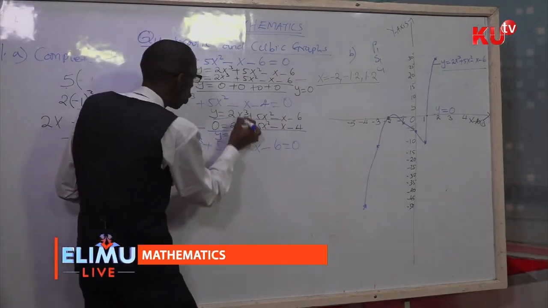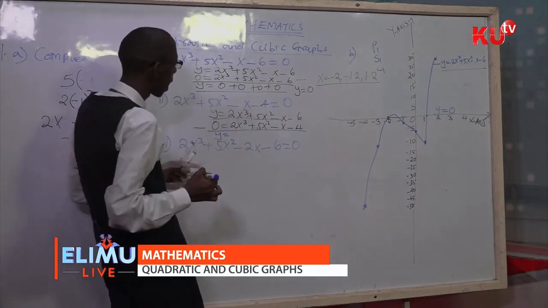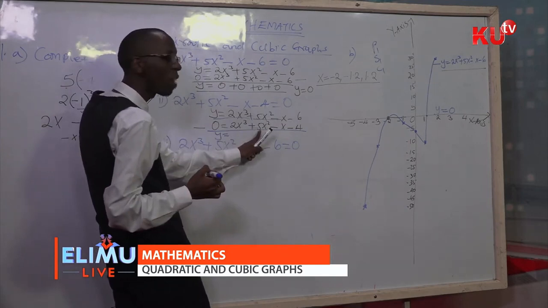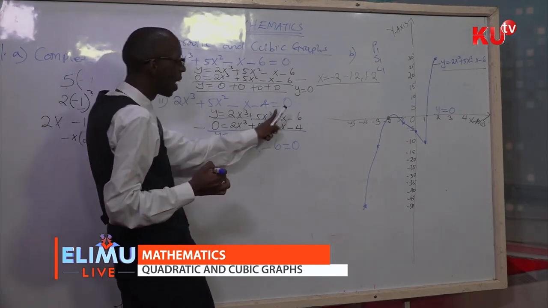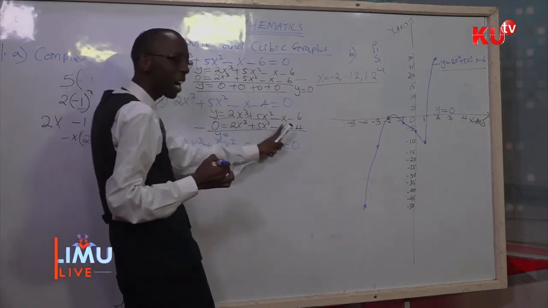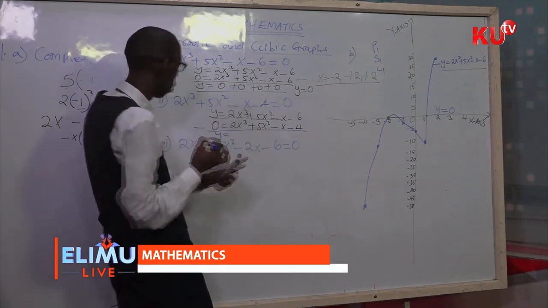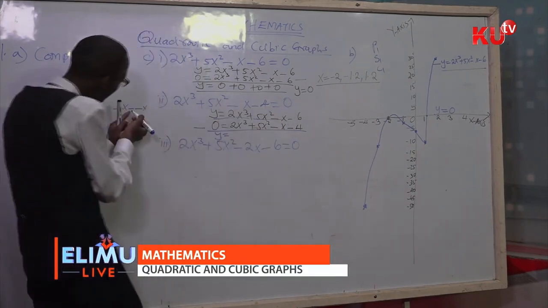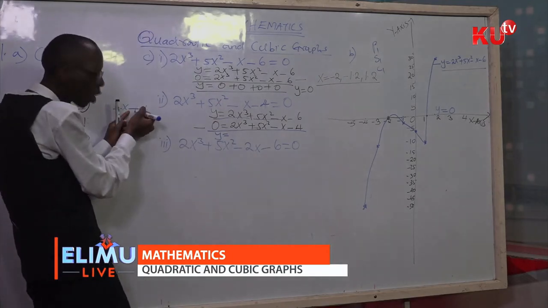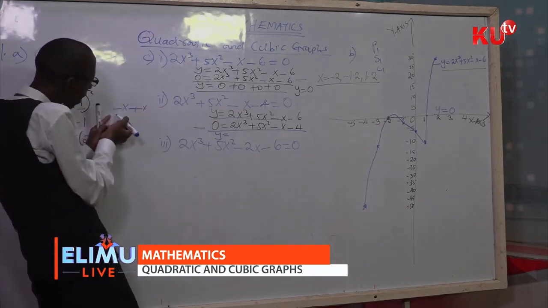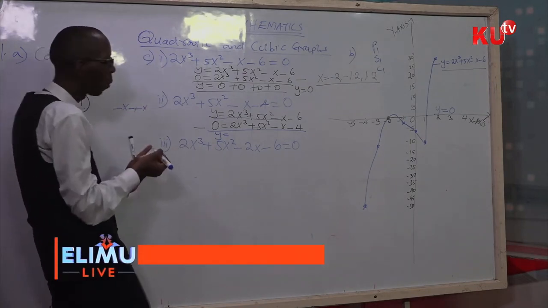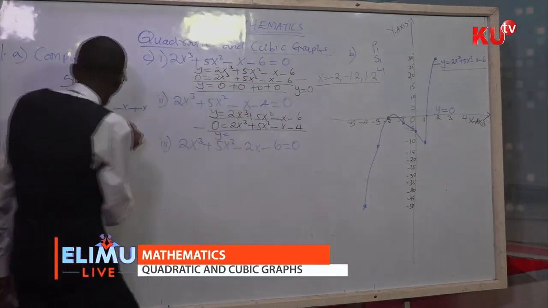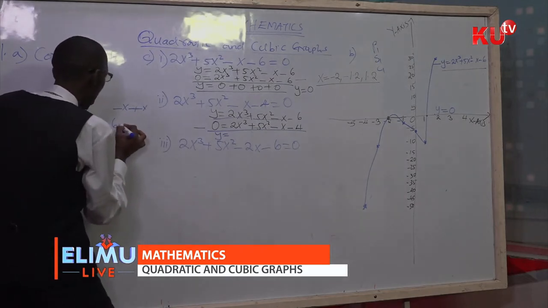Let us subtract together. y minus 0 is y. 2x cubed minus 2x cubed is 0. 5x squared minus 5x squared is 0. Negative x minus negative x is 0, because negative times negative is positive, so negative x plus x is 0.